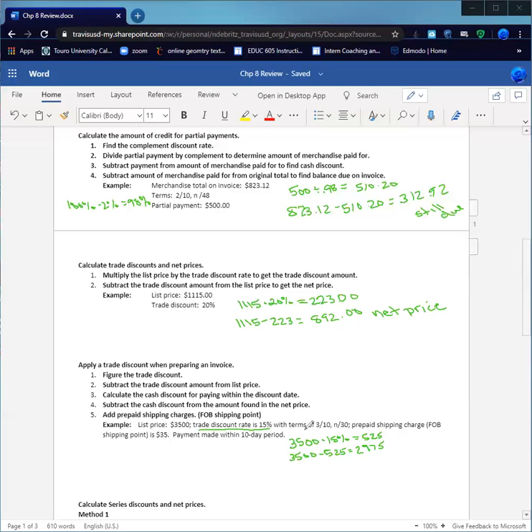But then they get a cash discount. They get a 3% for the first 10 days. So we're going to take that 3% off of there. So I'm going to take the 2,975. I'm going to multiply it by the 3%, which is going to give me $89.25.